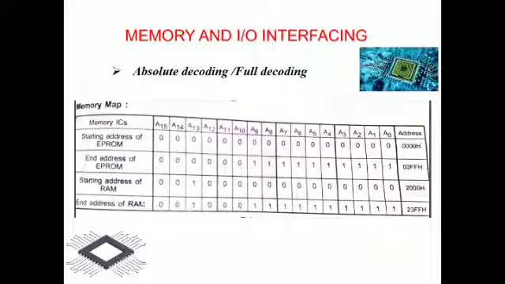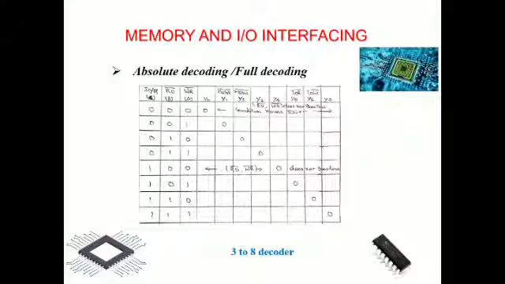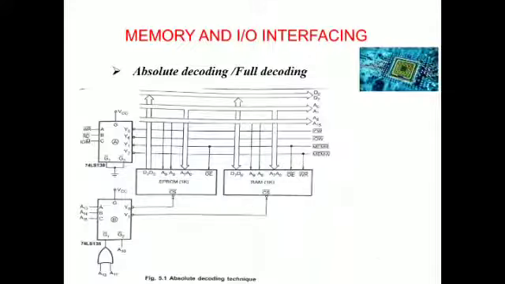This is a general table framed for the absolute decoding. From this table it is observed that the starting address of the EEPROM is 0000H. We know how to frame it because of A13, A14 and A15. Just look into this diagram.